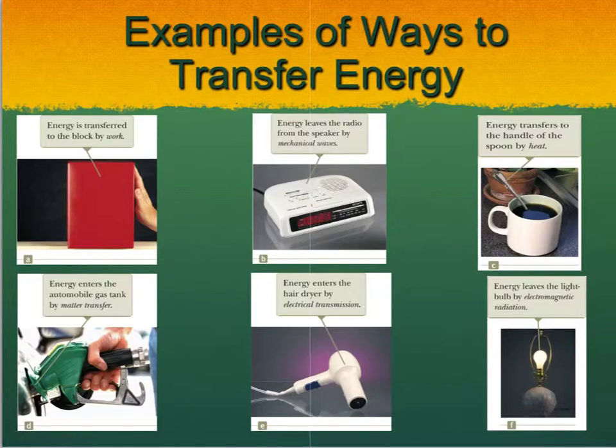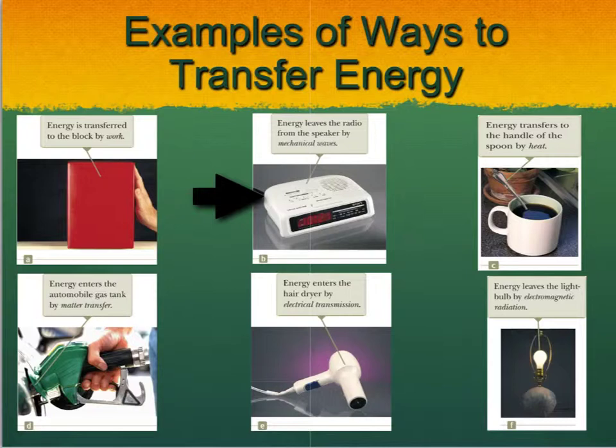Let's talk about some different examples then of ways that we can transfer energy. So work would be that first one, because a lot of times we think about the work kinetic energy theorem as an easy example of transfer of energy. So if I'm looking at this one, I see that energy is transferred to the block by work. So we can apply some energy based on interaction with the environment.